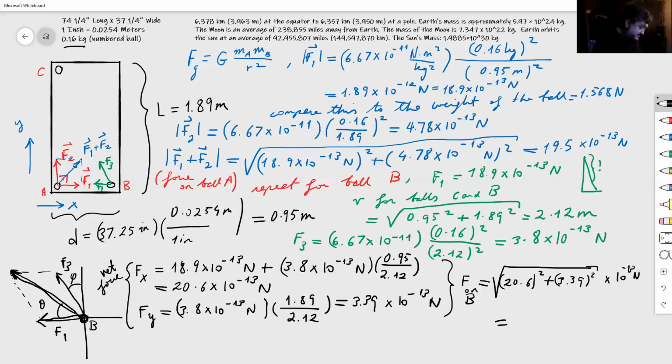Take the square root, 20.88, 20.9, let's say, 20.9 times 10 to the negative 13 newtons.